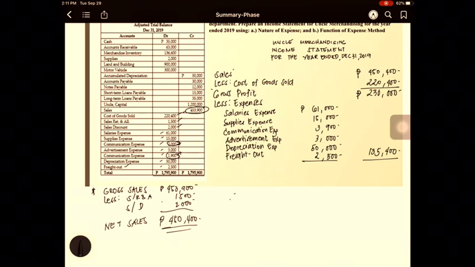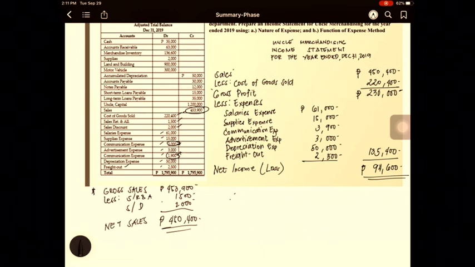So yeah, that's correct, 135,400. So we are now ready to compare the amount of the gross profit from the total expenses to determine whether the result of the operations resulted to a net income or a net loss here. To do so, that would be 230,000 minus 135,400. So we have a net income amounting to 94,600 pesos. As easy as that.